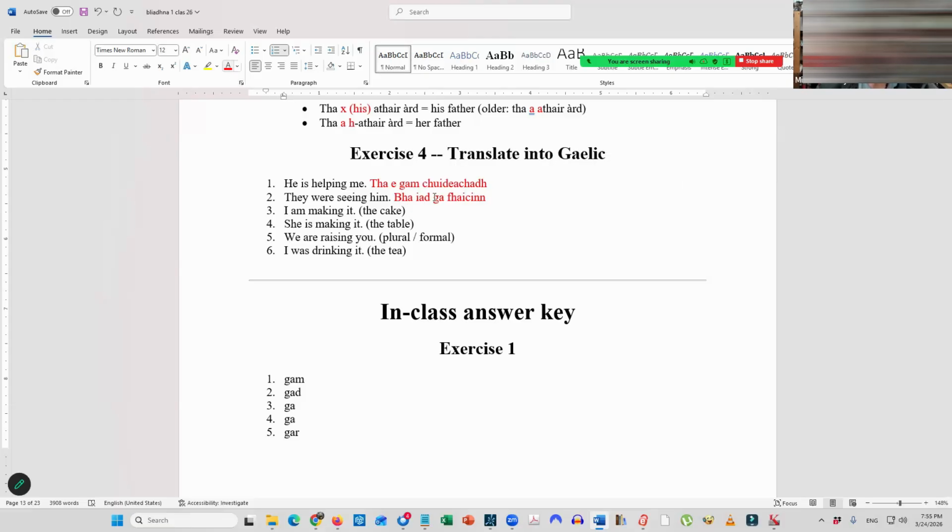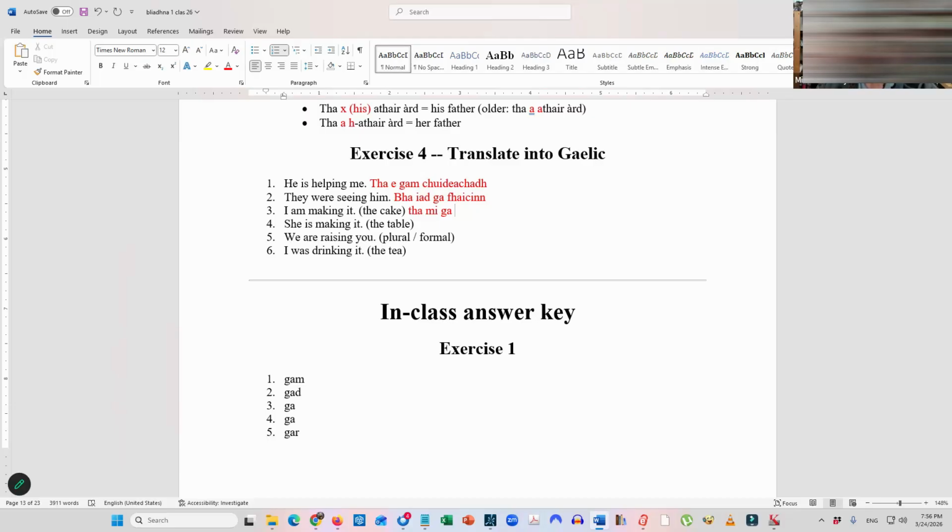I am making it. Ha mi ga... and let me see if I can remember cake. It's just cake, so you're halfway there. But now, lenite.